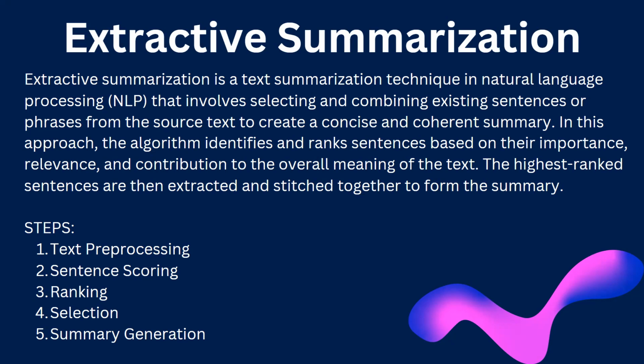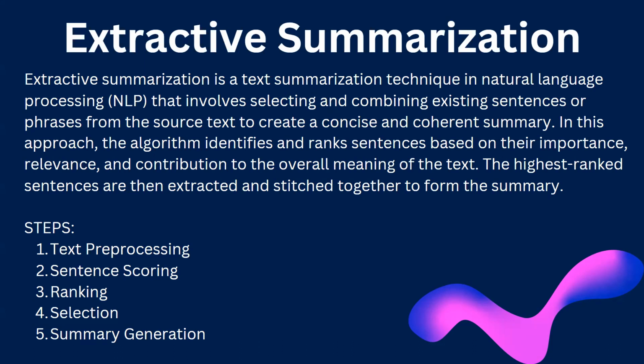So, extractive summarization is often favored for its simplicity and ability to produce summaries that closely resemble the original text. However, it may face challenges in handling redundancy and coherence, and it might struggle to generate concise summaries for text with complex or nuanced information.